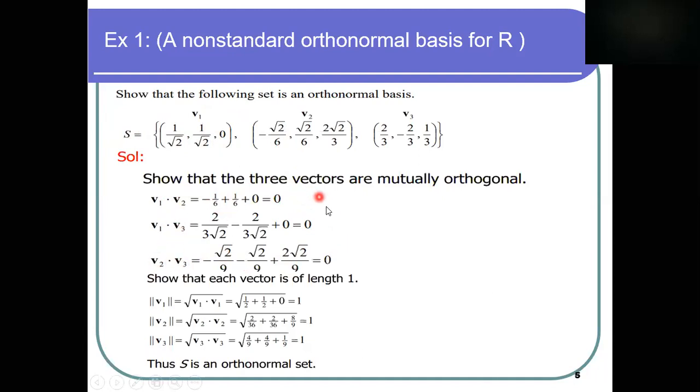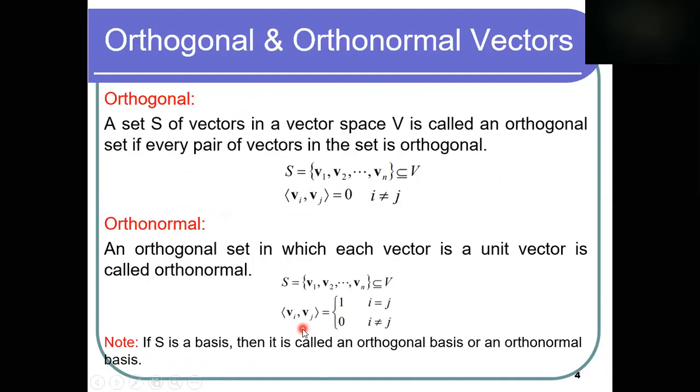Their dot product is zero, and if you take the dot product of a vector with itself, it will be 1. That is, V1 dot V1 is 1, and the dot product with other vectors is zero.